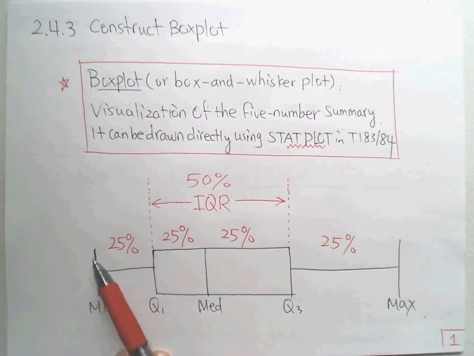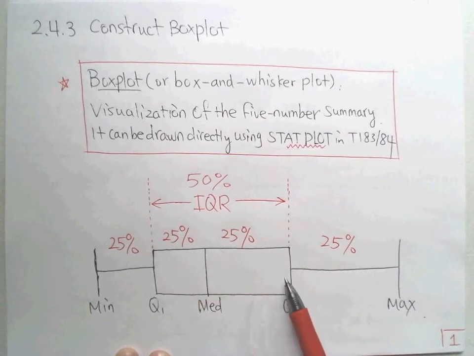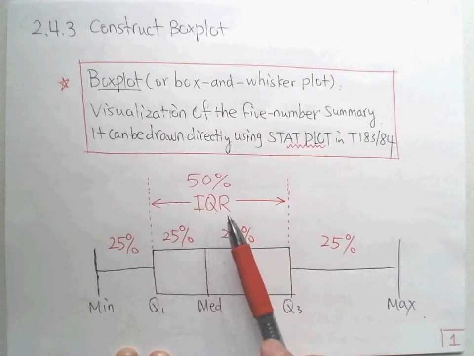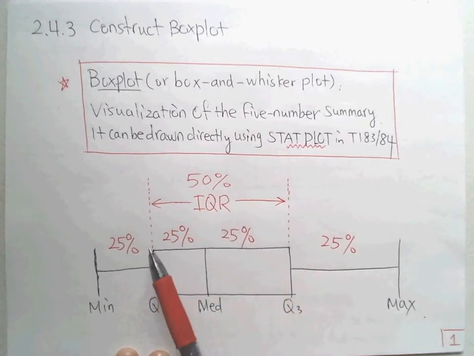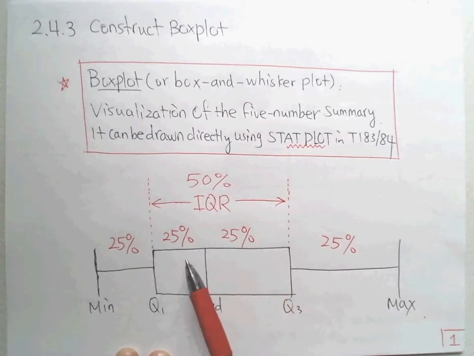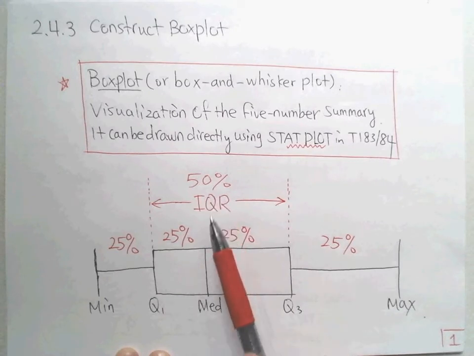For the minimum and the maximum we draw whiskers, and from Q1 to Q3 we draw a box. The range of the box we call the IQR, the interquartile range, Q3 minus Q1. How much of the data is in the box? 25% here and 25% here, together 50%. This is the major data we are usually interested in.